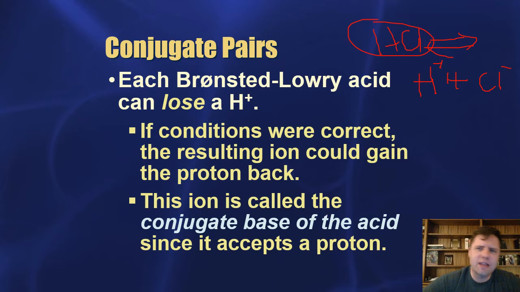Running in the opposite direction, the Cl- ion could be referred to as a conjugate base because it could accept the proton. So here, an acid forms a conjugate base, which could make it back into an acid under the right conditions.